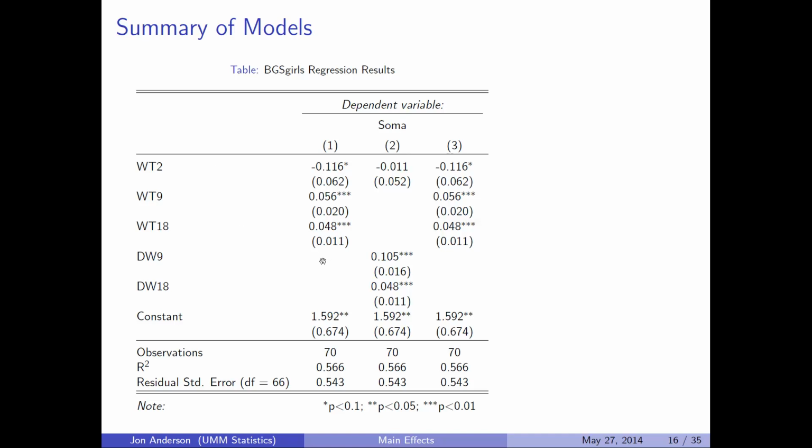We don't have coefficients for DW9 and 18 in model 1 or in model 3, because they did not appear. Notice the values for those weight gains are positive and they are significant, meaning that if a girl has an increase in weight gain, either from 2 to 9 or from 9 to 18, it tends to clearly increase their somatotype.